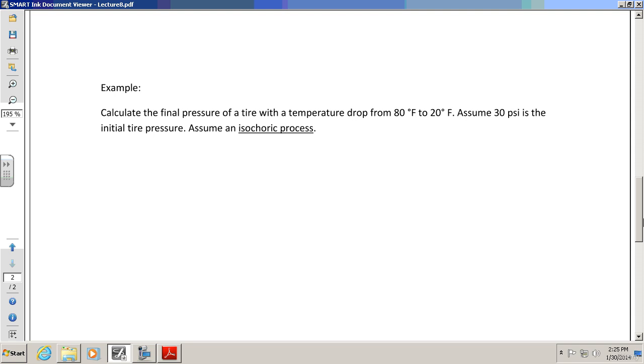Now this time, we got a new term for us. We are going to assume an isochoric process. That one is not one I think you'd read and go, oh, that's obvious what that is. An isochoric process means that it's constant volume.